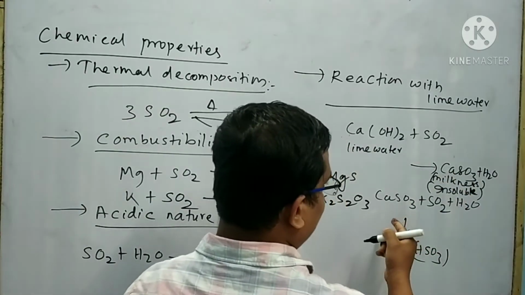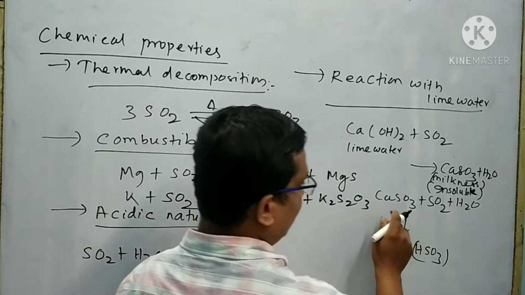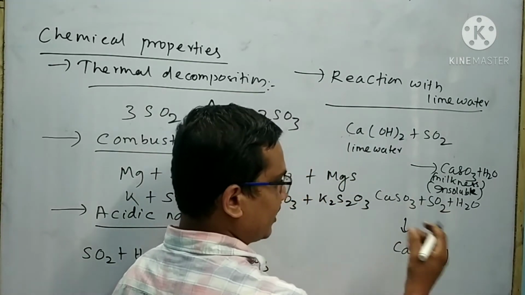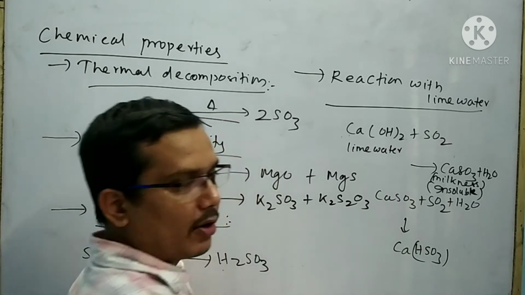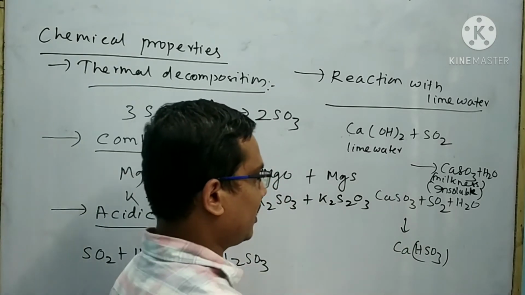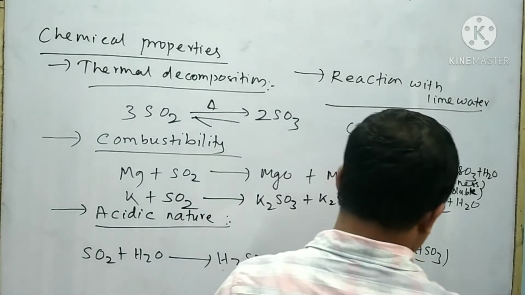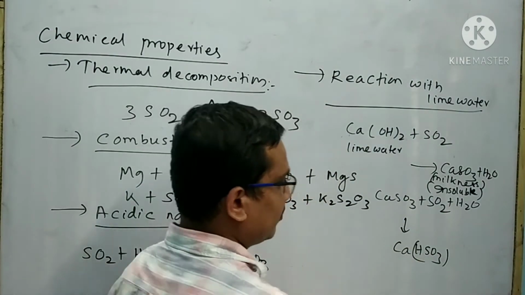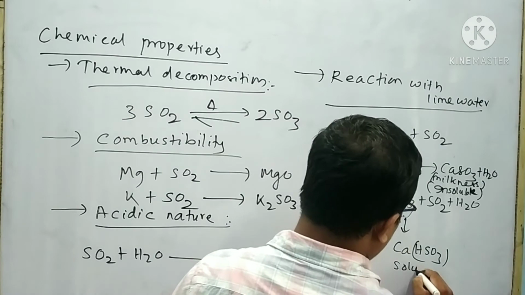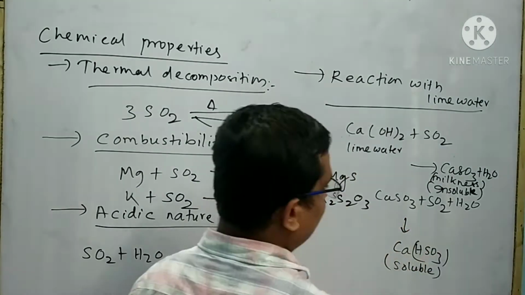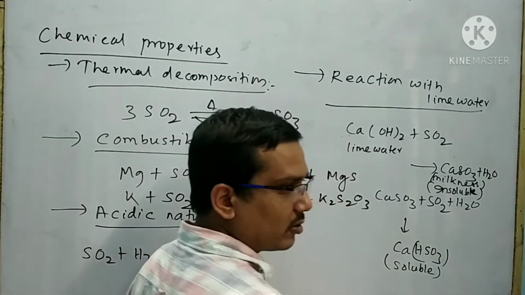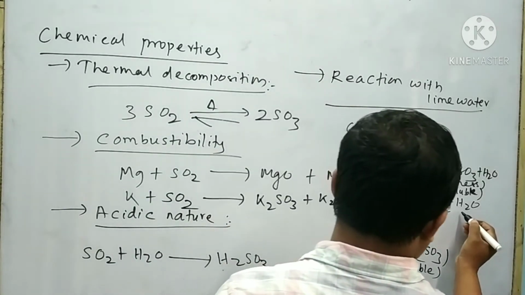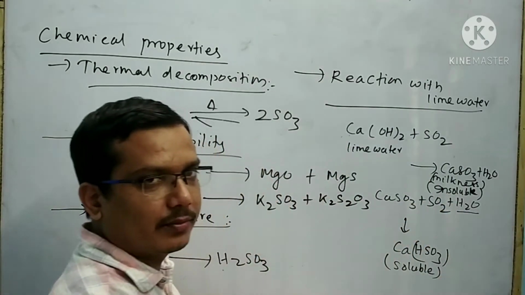Now this calcium sulfide again reacts with the excess amount of sulfur dioxide, and then calcium bisulfide is formed. This is soluble. In this reaction also it takes up some water molecules.